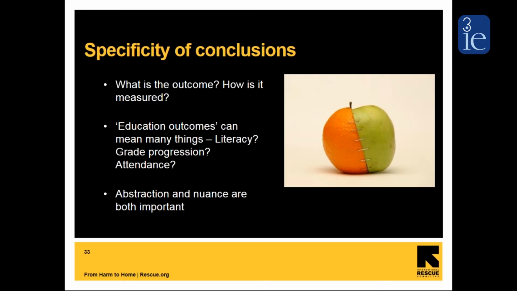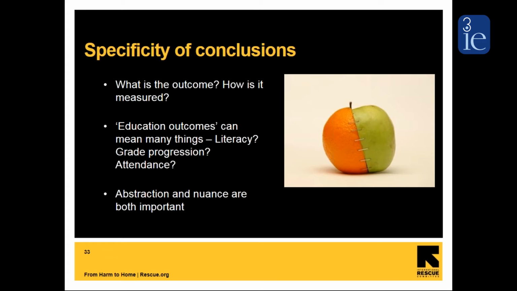Now to bring it back to real examples, if I'm working in the education sector, and I see that an intervention has an impact on, quote, education outcomes, I want to know what those outcomes actually are. If they're all about enrollment, and enrollment isn't a problem in my context, that's important to know.